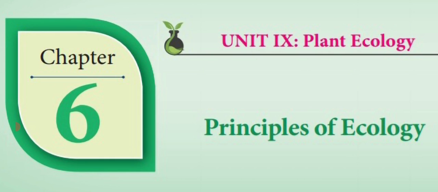Dear students, in the previous video class, we have seen biotic factor. That means the interaction between living organisms such as plants and animals is called biotic factor. Based upon positive and negative interaction, the biotic factors are divided into positive interaction, again divided into mutualism and commensalism.